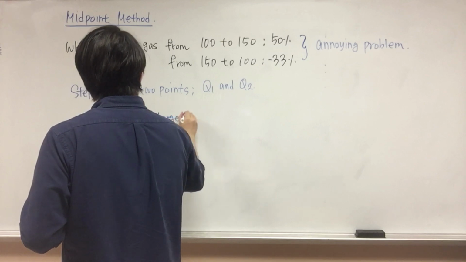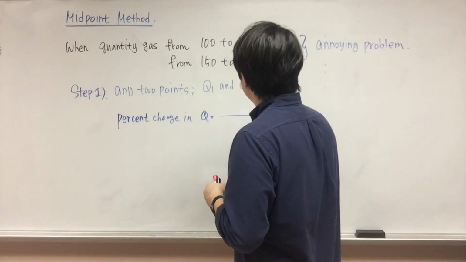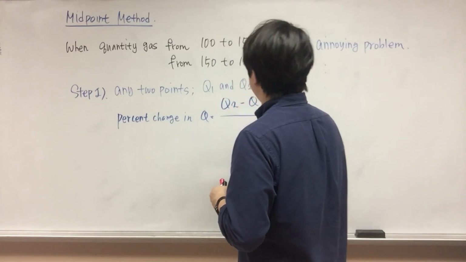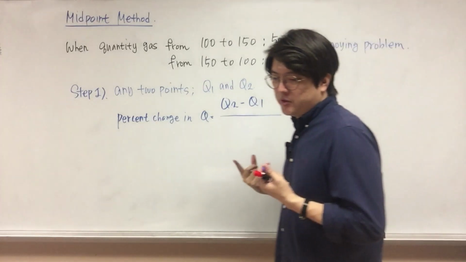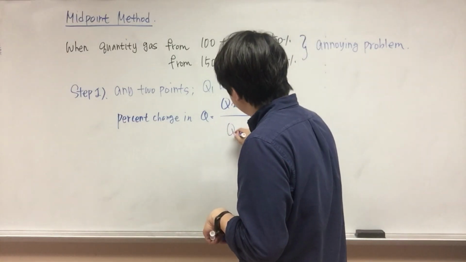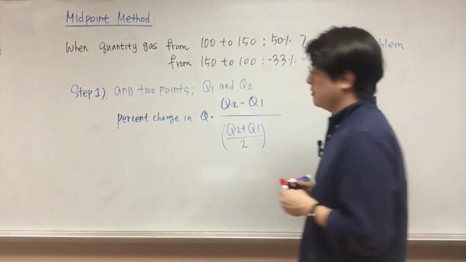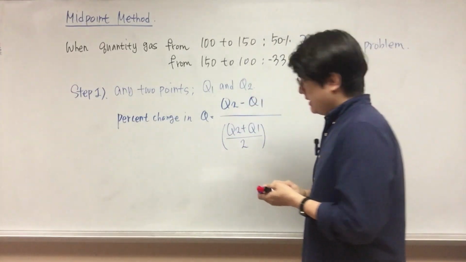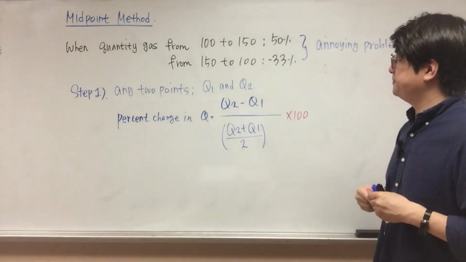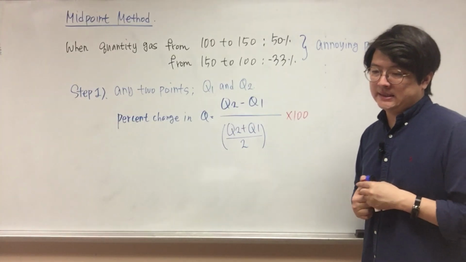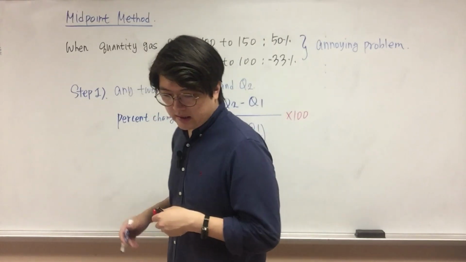Percent change in quantity is Q2 minus Q1. At first, we just used Q1 here, but if we use the midpoint method, divided by Q2 plus Q1 divided by 2, which is the average of the two values, times 100.